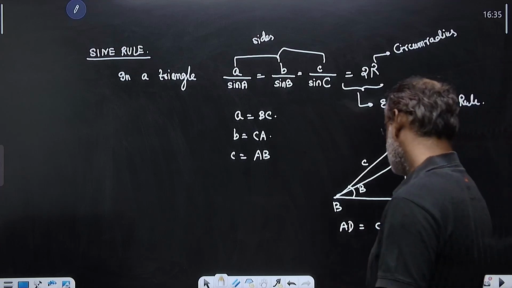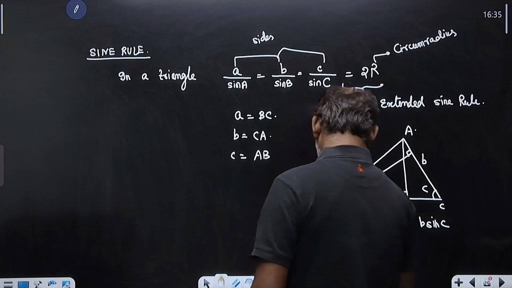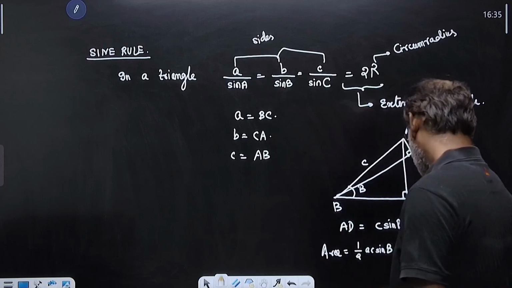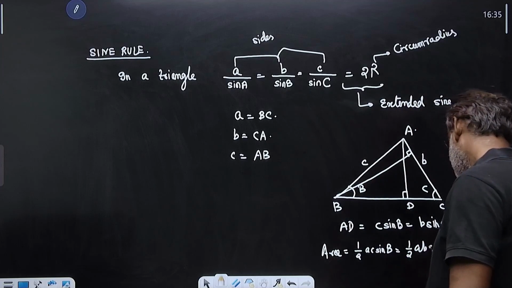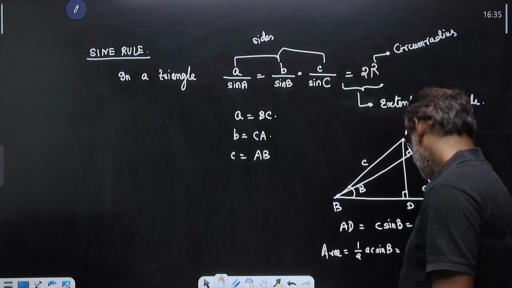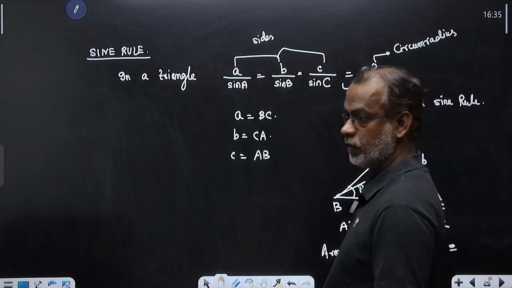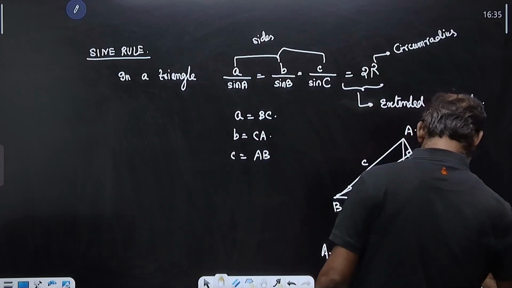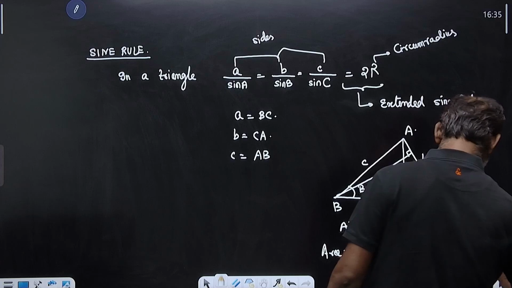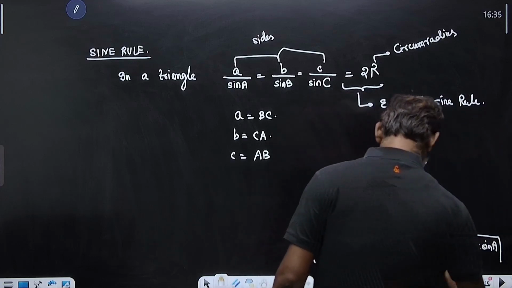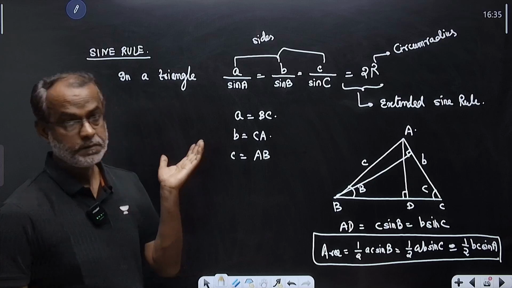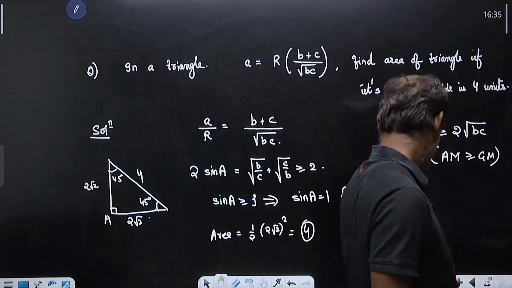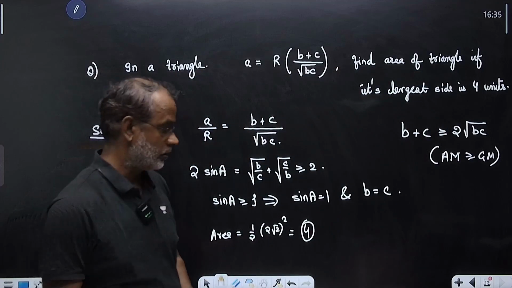So, area is half a c sine B or half a b sine C, or what you can write further, half b c sine A. Fine. This is how we have used sine rule.